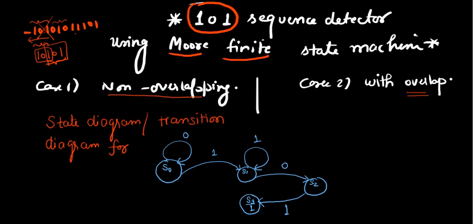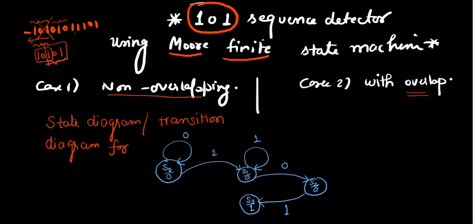Since it's a Moore type machine, we are not using that slash. For Mealy, we write the corresponding output for each input. But for Moore machine, the output only depends on the state. So for all other states, the output will be 0. But as soon as we arrive at S3 state, our wait is complete, 101.